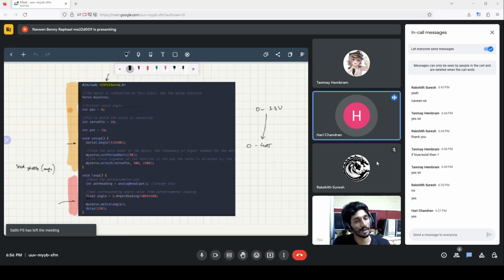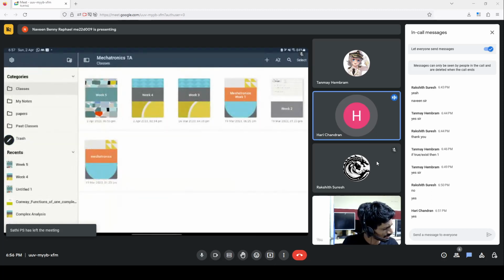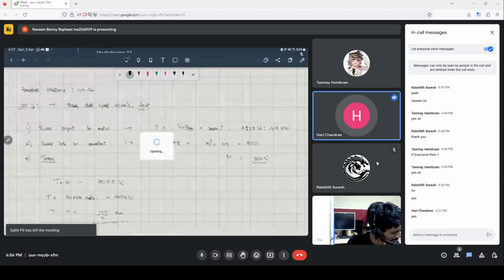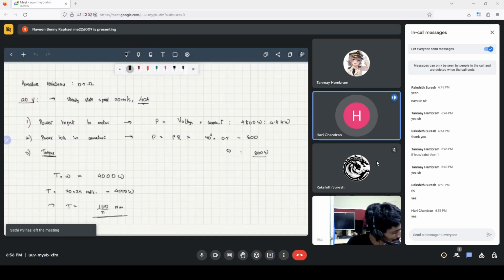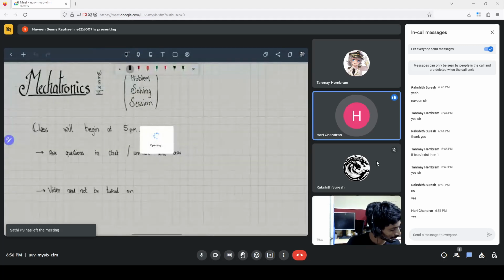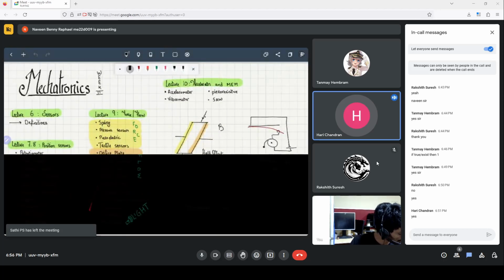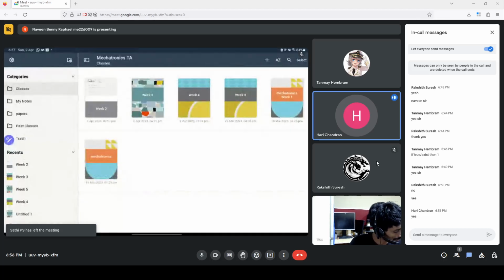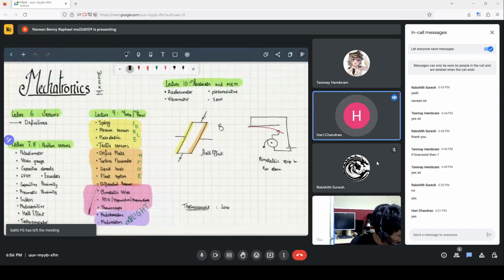There were a couple of sensors. This is week 3, I remember. Okay, not week 3, this is week 2. In week 2, we properly did this in the flow part. These are different sensors we had seen. The orifice plate was used for pressure readings, and even differential pressure was used for pressure readings.